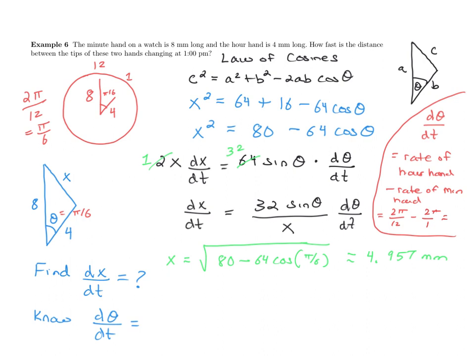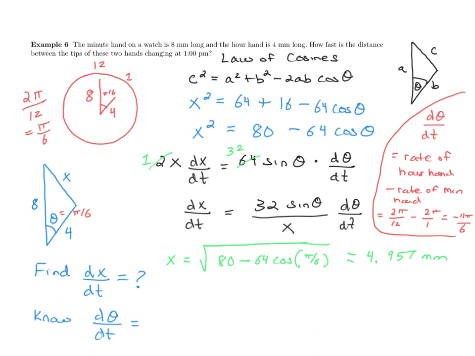So 2 pi over 12 minus 2 pi over 1 is negative 11 pi over 6. This is the rate at which this angle is changing. It changes negative 11 pi over 6 radians every single hour. Let's take all this information and put it into this formula. Again, we know x, we know theta, and now we know d theta dt.